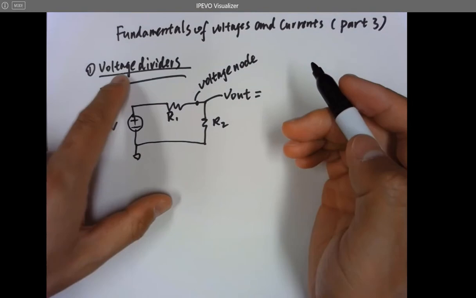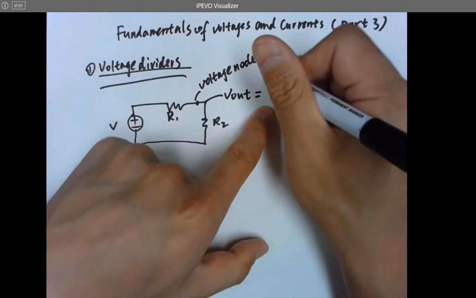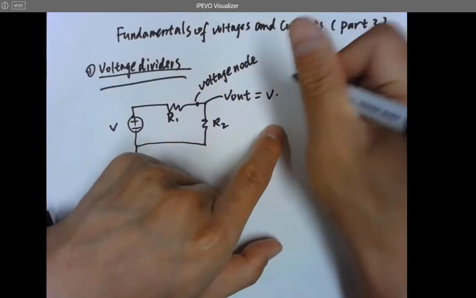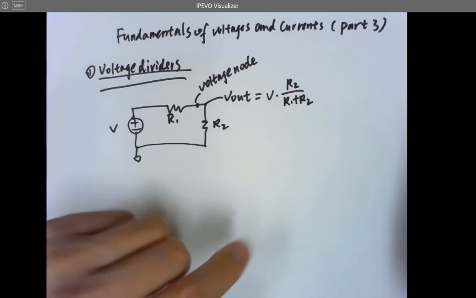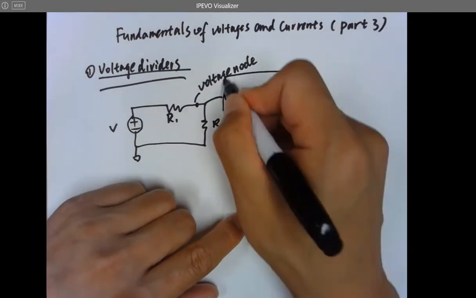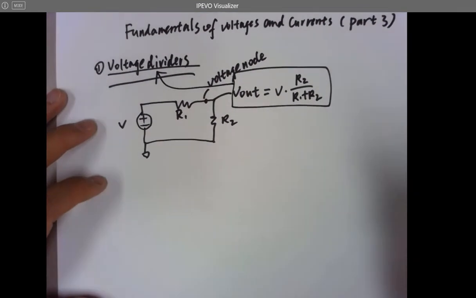So in the concept of voltage dividers, Vout here equals V times R2 over R1 plus R2. Okay, so that's the concept of voltage dividers. And now let's derive it. Why does this work this way?